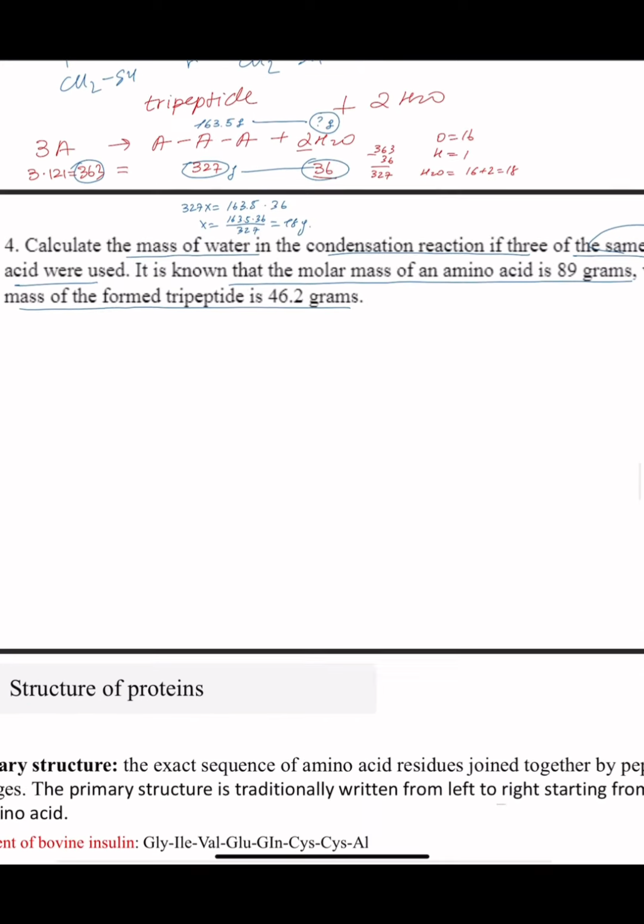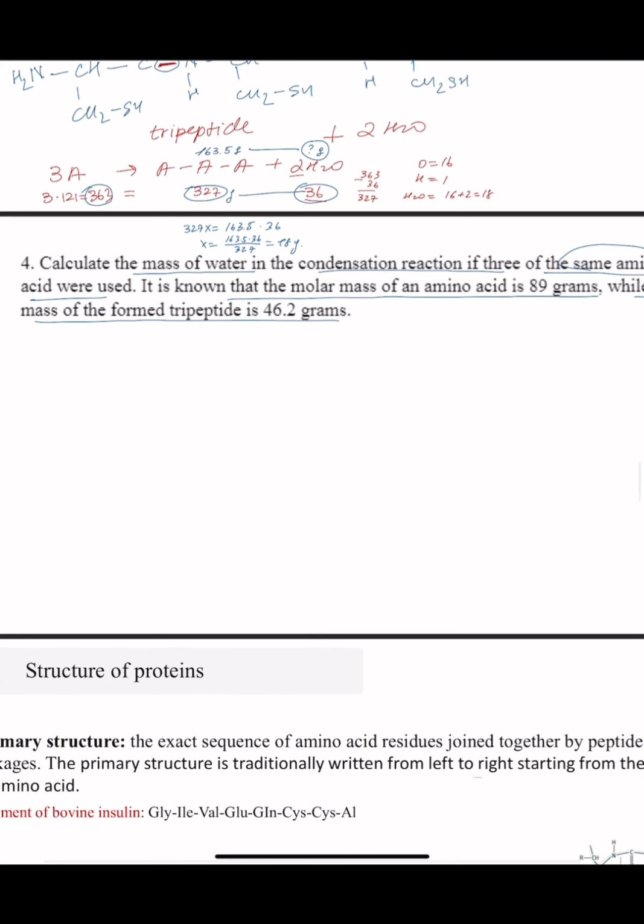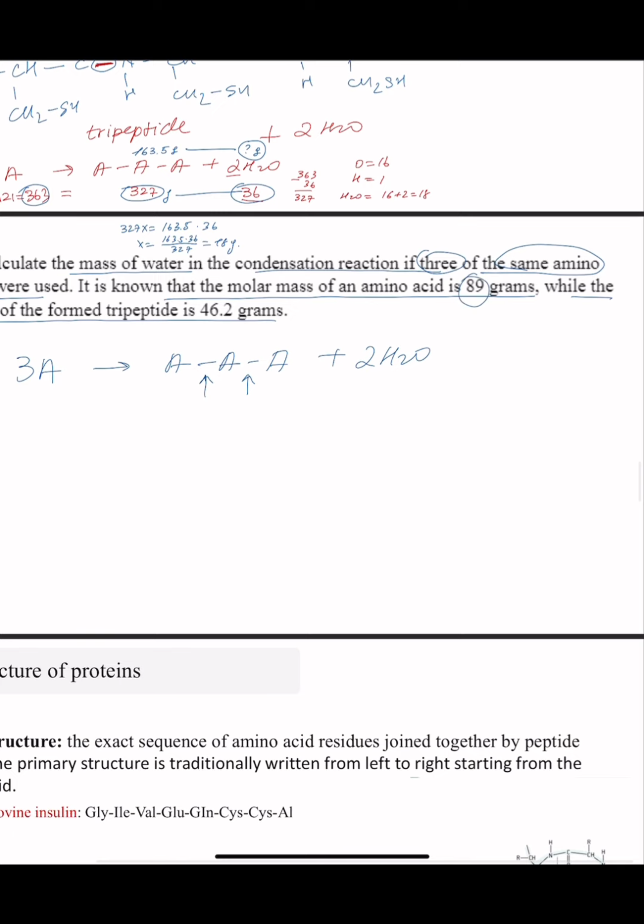Okay, so again, same amino acids, we use 3 of them, right? So 3 times A gives you A dash A dash A. And because you made a tripeptide, you see we got 2 bonds, meaning that you will have 2 moles of water, right? So you've been told that this is 89 grams each.